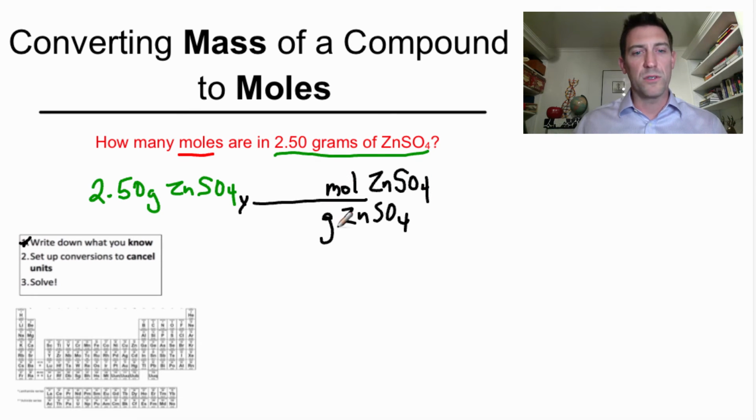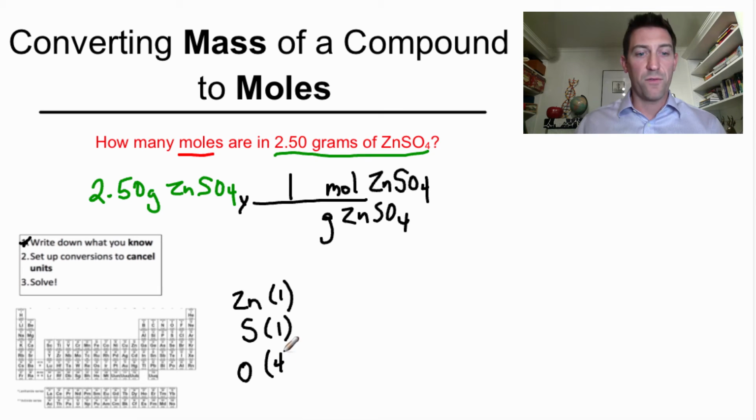Now I have moles and mass and moles and mass. Where do I get the molar mass? Right back to the periodic table. 1 mole is just the mass of all of the stuff in that compound or in that molecule. I've got zinc, and I've only got 1 of those. I've got sulfur. I've got 1 of those. And oxygen, I have 4. So when I look up the mass of all of these, zinc is 65.39.